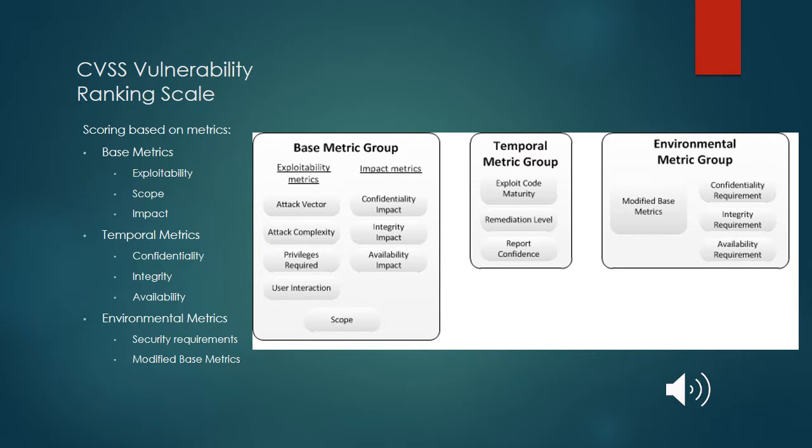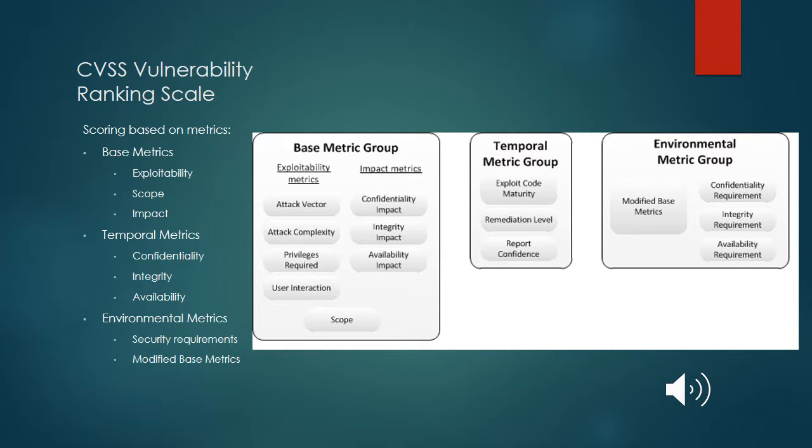The environmental metric group is very user-specific. This is almost an optional group that is applied to a vulnerability once you are going to analyze how it affects a particular system. These metrics typically only are applied to one organization and how the vulnerability would affect that organization.